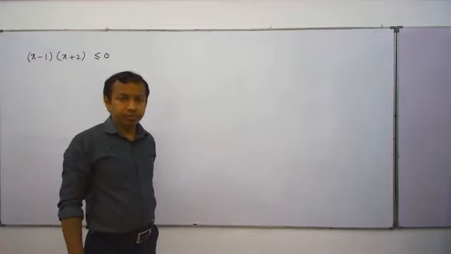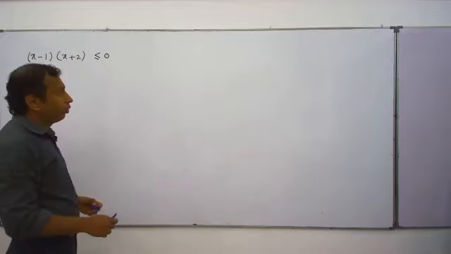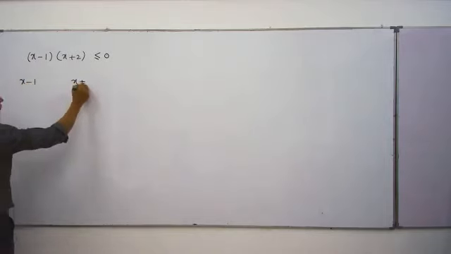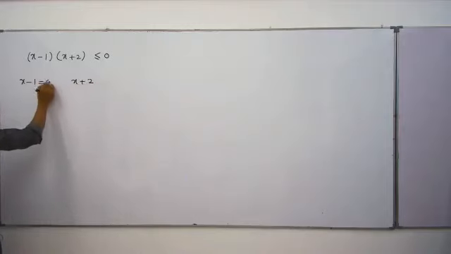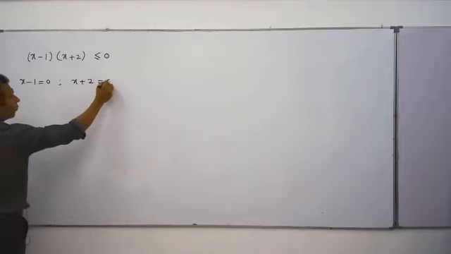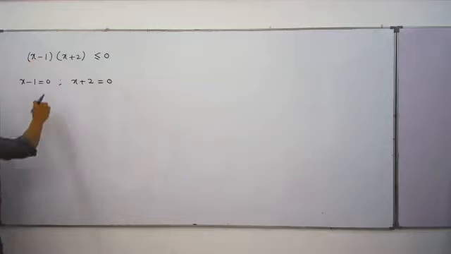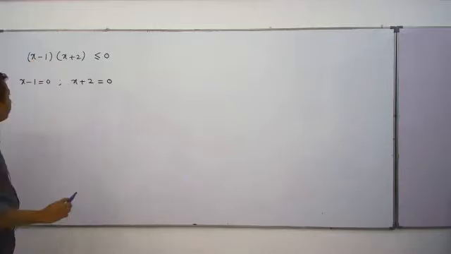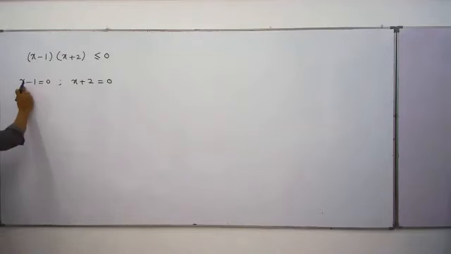First, each factor, x minus 1 and x plus 2, equal to 0. Each factor we have to equate to 0, right? Then find the x value. How? Take this to the right hand side. x is 0 plus 1, x is 1.